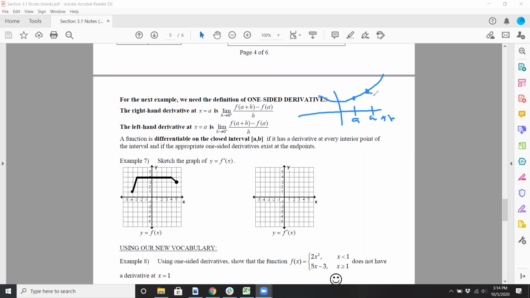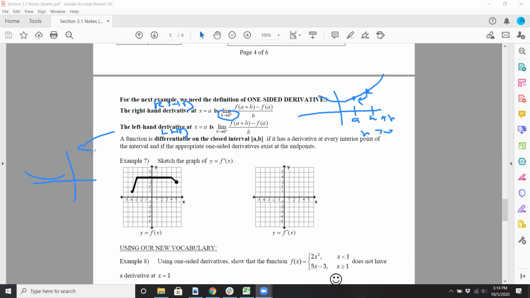We want h to approach 0, and if we're coming from the right side, so h is positive, then obviously you're coming from the right side of A, so we call that a right-hand derivative as this point gets closer and closer to A. Whereas here, we call it the left-hand derivative. I'll call them RHD and LHD, just like we did RHL and LHL for right and left-hand limits respectively.